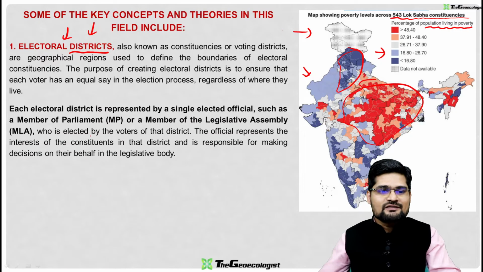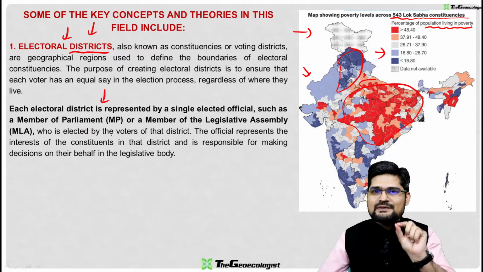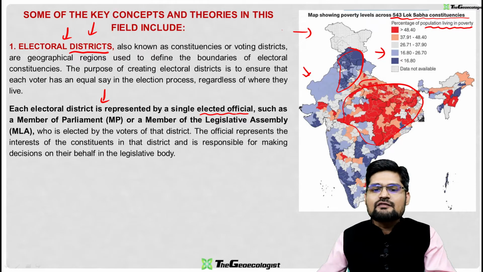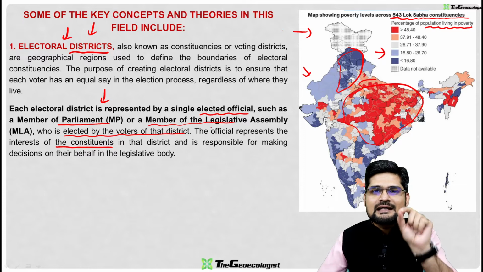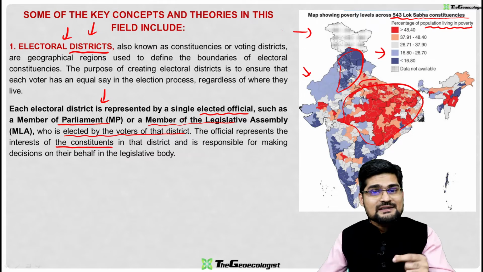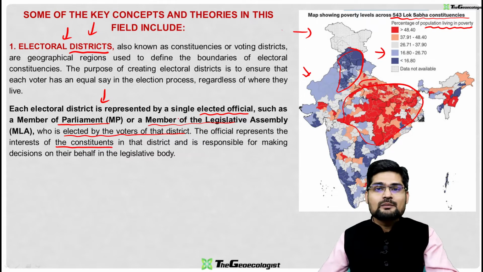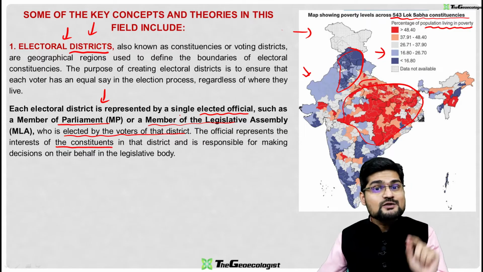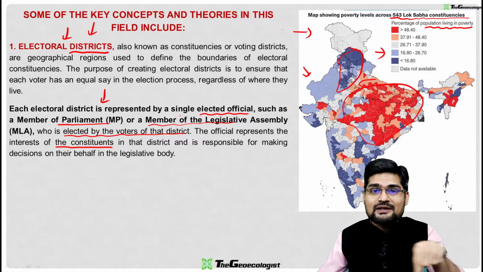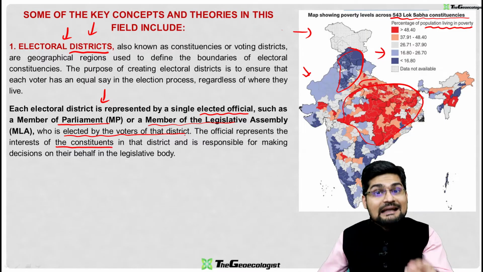So what you observe, each electoral district is represented by a single elected official. And for example, a member of parliament, which is MP in short, or a member of legislative assembly who is elected by voters of that particular district. So the official represents the interest of these individual constituencies which they represent, and they are responsible for making vital decisions, especially for development and welfare as well as well-being of their subjects in these particular areas that they are elected from.